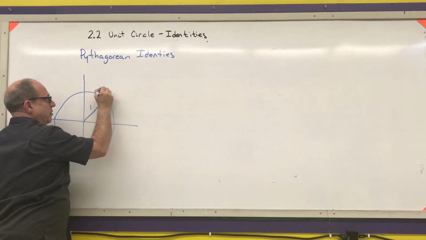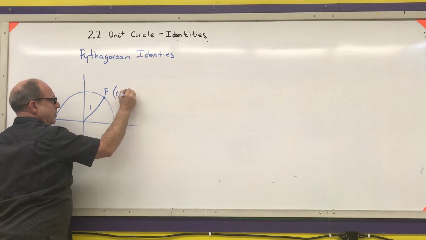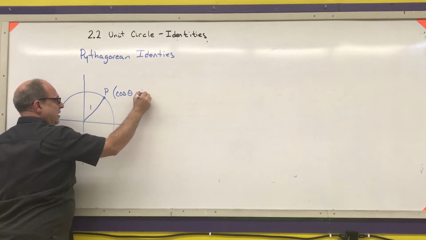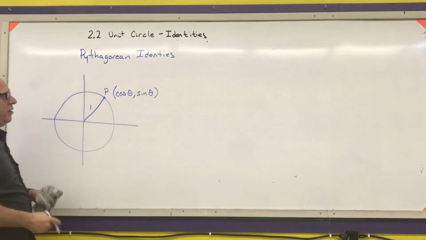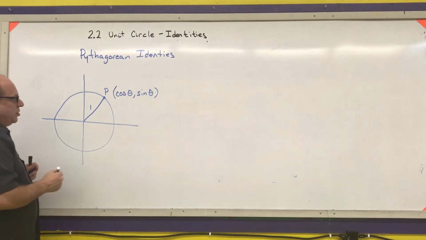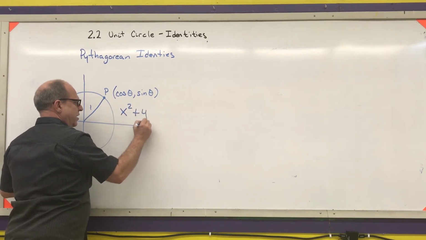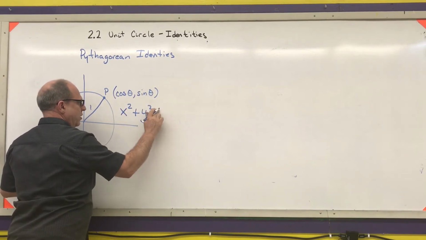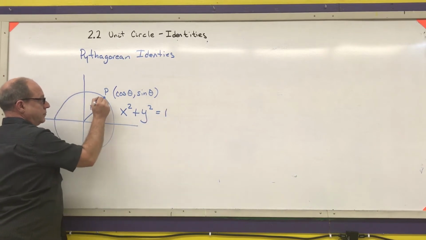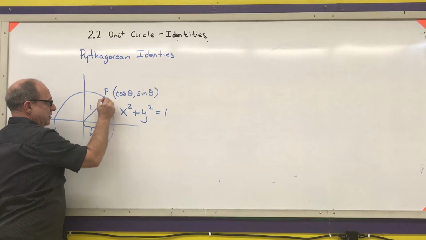We know that that point P is at the cosine of an angle, comma, the sine of the angle. That was our definition of our unit circle for sine and cosine. Well, we also know that the unit circle comes from the equation x squared plus y squared equals 1, where this distance is x and this distance is y.